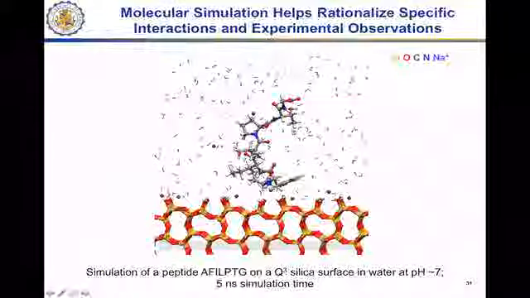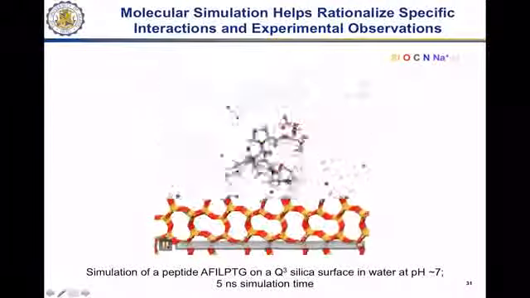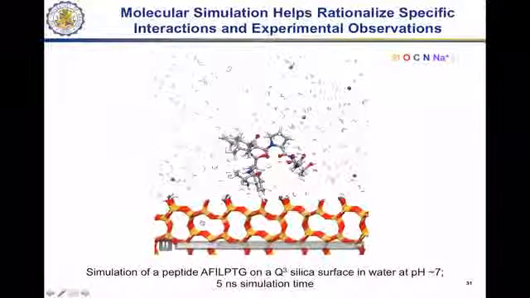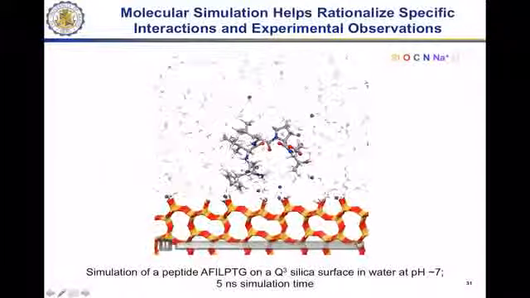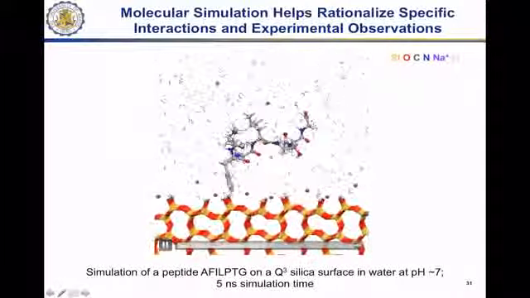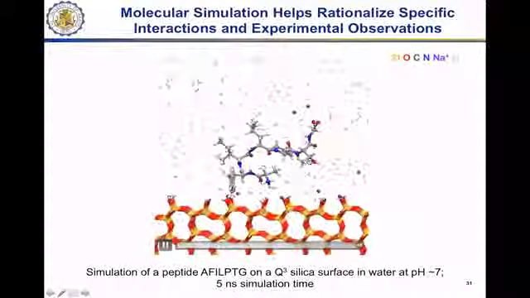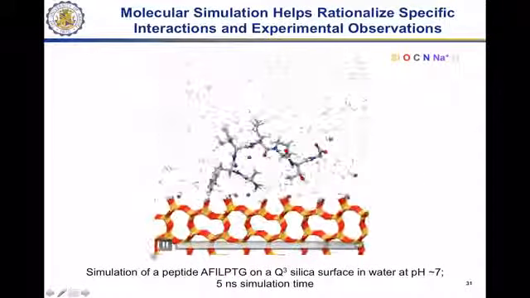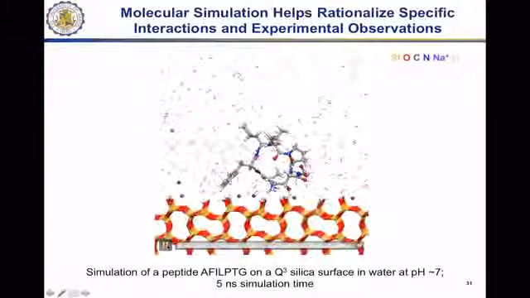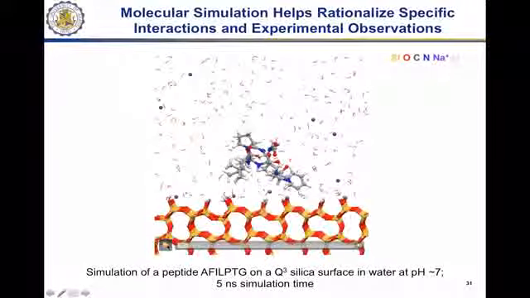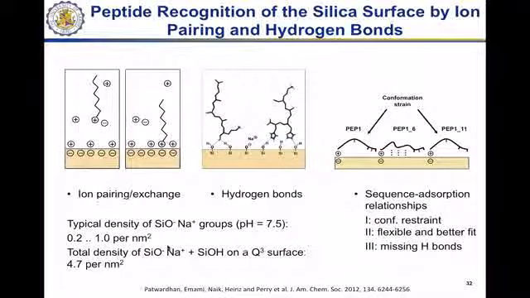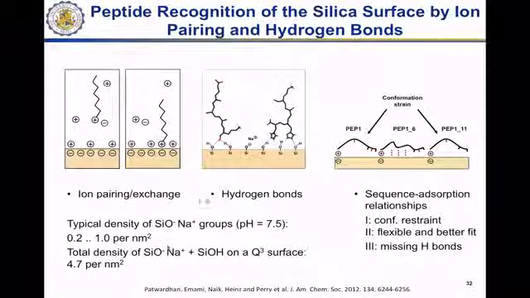Now, the basis to gain some understanding is getting insight into interactions of peptides with those surfaces. And for silica, a key aspect that had not been considered earlier is that those surfaces have a wide range of variability, both as a function of surface temperature, surface chemistry, and also pH conditions.